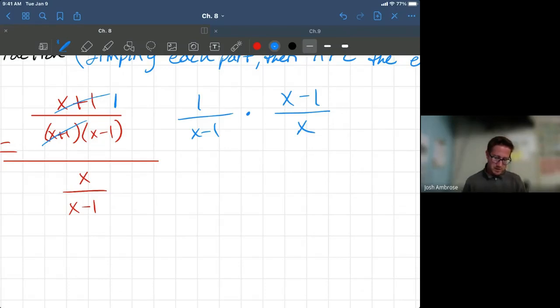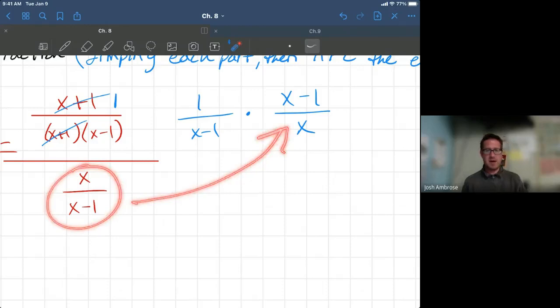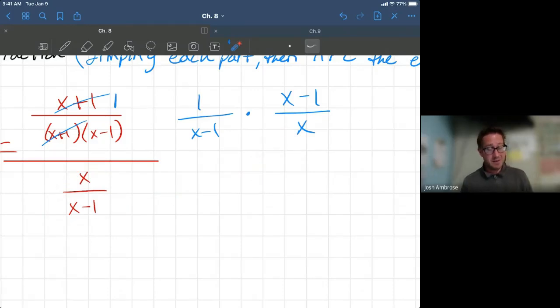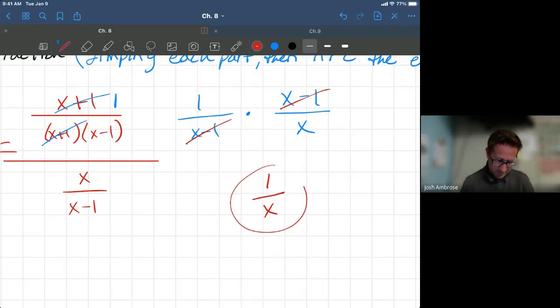Okay, so what I did was I took this and I flipped it and it became that. Now we get to cross even more out. This is an easy, very nice. x minus 1, gone. Simplifying it down to just 1 over x. Very nice, very neat, very simple right there. And that's as far as they want us to go for complex fractions.